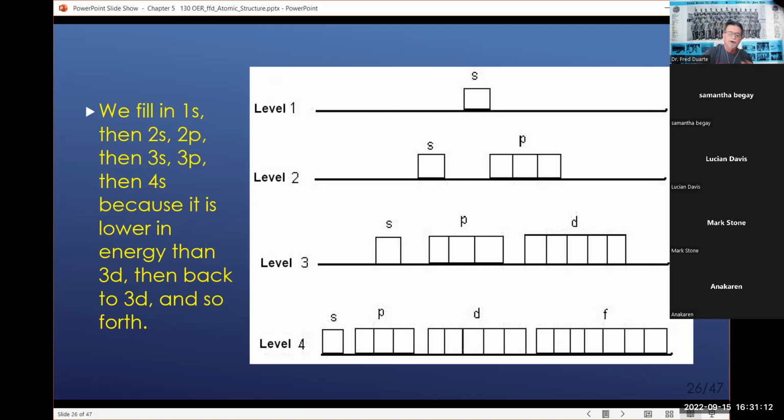Now, the confusing part that can occur is these orbitals right here. Notice we are in the 3rd energy level, okay? But these electrons in the d orbitals actually come from elements in the 4th period, okay? The mathematics of that starts with element number 21.